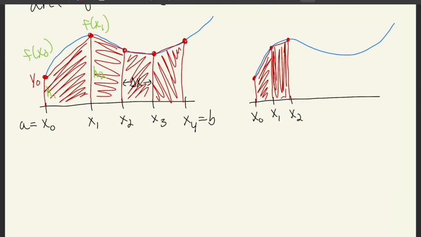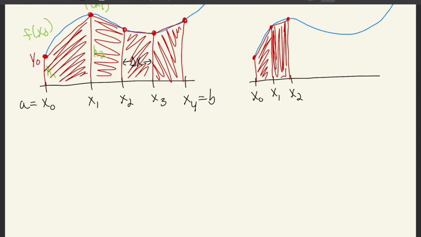I don't want to draw them all. So the reason I did this is notice this first trapezoid in the first picture is very off. You have all of this area that it's missing. Whereas if you come over here, since we have more intervals now, we're only missing this much area now. So as we said above, as n gets larger, so as the number of trapezoids gets larger, we get a better approximation of our function.